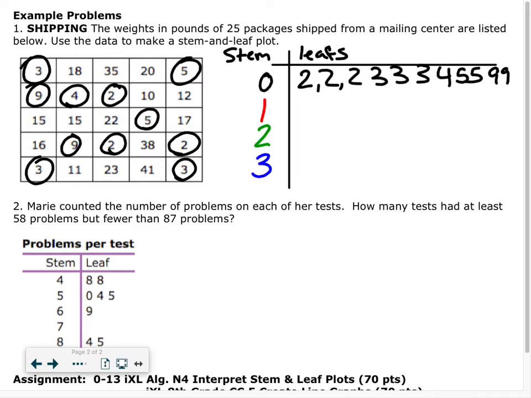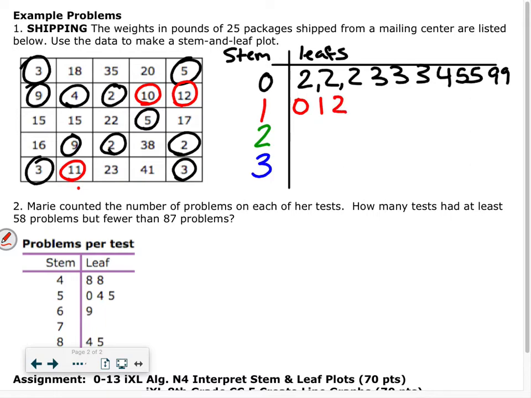Now we're looking at everything that has a 1 in the front or is in our tens. So let's start, here's 10. And you're noticing I'm circling them. You might want to cross them off as you go so you know what data you're looking at here. Then we have 11, so 1, 1. Then we have 12.